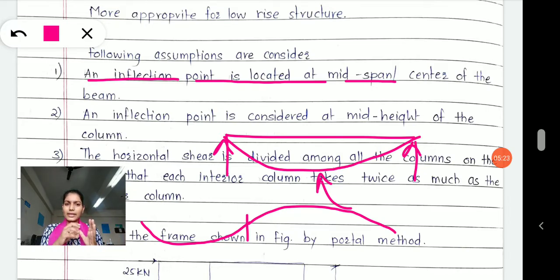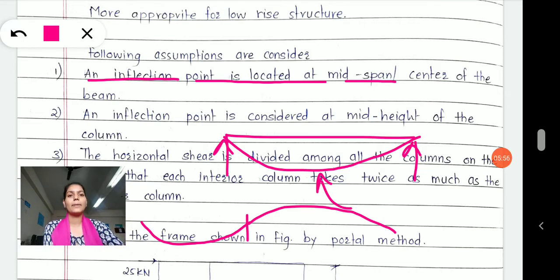Sometimes the point of contraflexure and point of inflection lie in the same place, or they may look similar, but the point of contraflexure is where the bending moment changes its sign from positive to negative, whereas the point of inflection is where the elastic curve changes its direction from concave to convex, or from convex to concave. It can be of any order, right? So that is the point of inflection.